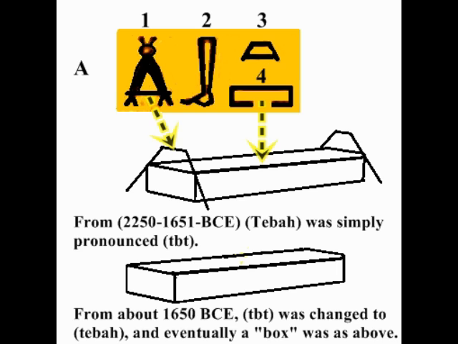However, as we see in the illustration above, marked A to the right, one is a hieroglyphic Egyptian symbol that dates back to around 2250 BCE that showed that the end of a box had a triangular-like shape on both ends, as we see here.